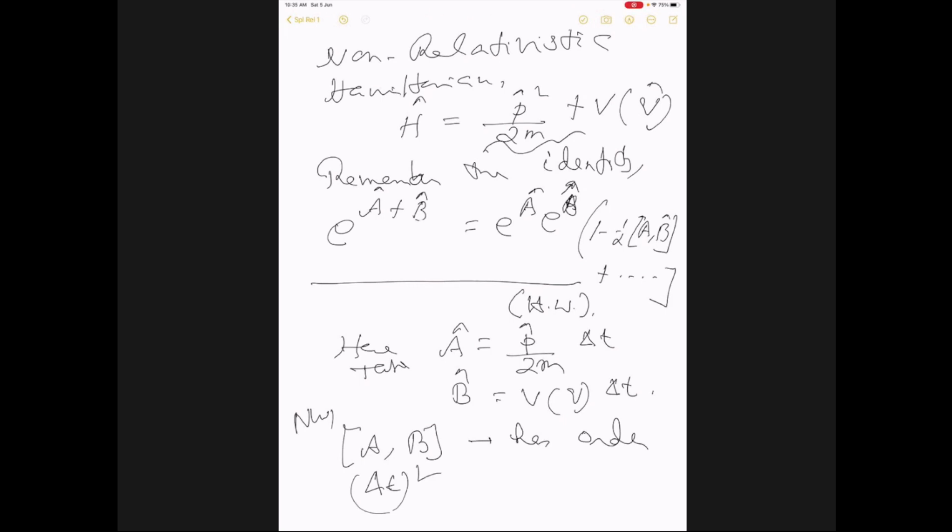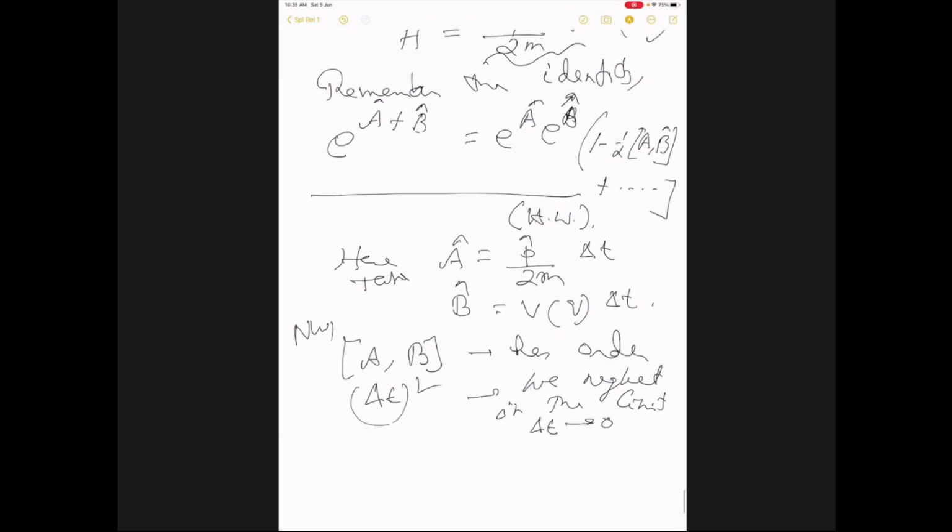So if you take the multiplication AB minus BA, it will have a delta t squared, which we neglect in the limit delta t equals 0. Because all of you know that we can neglect higher powers of differentials.